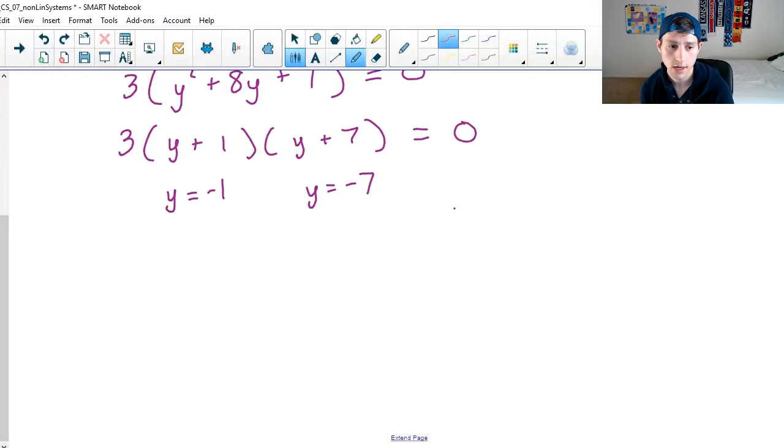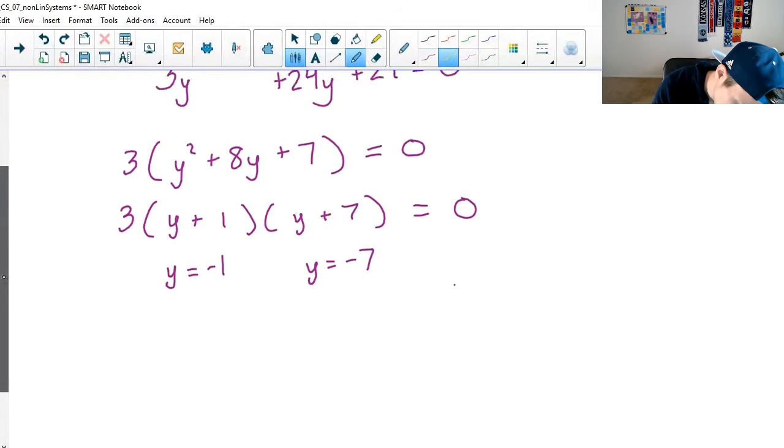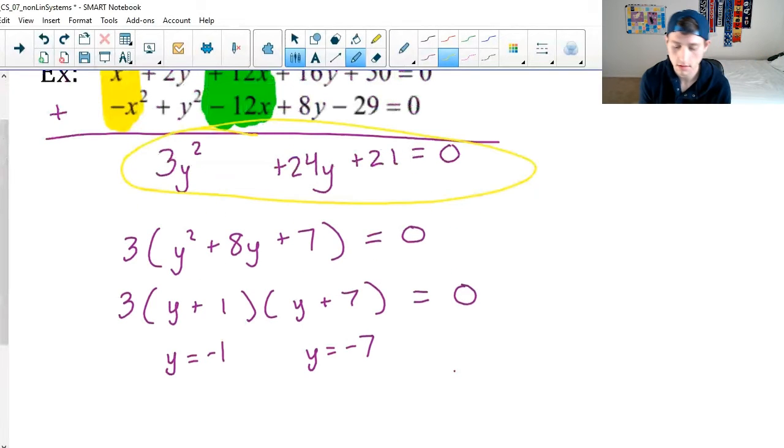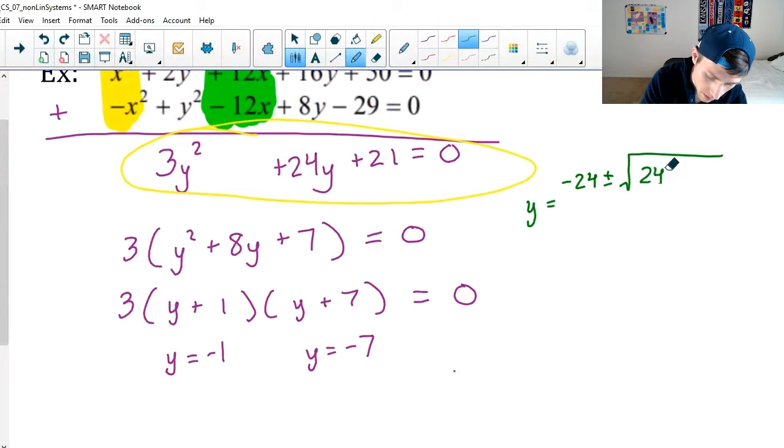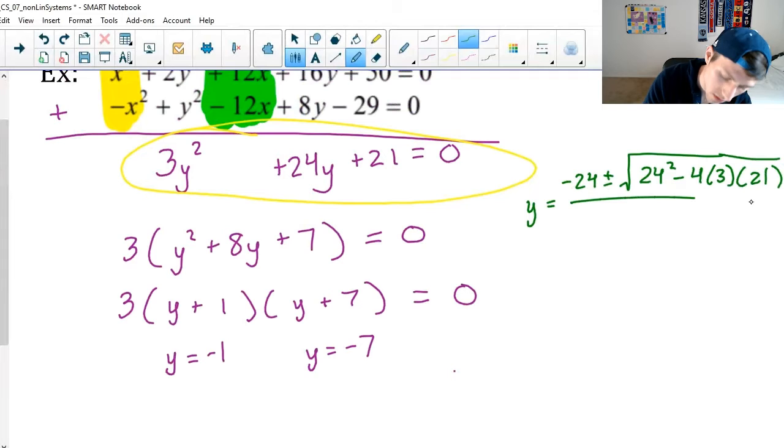How would we use the quadratic formula in this situation? Good question, Jacob. If I just had this, I could roll through the quadratic formula: y equals negative b plus or minus the square root of b squared minus 4 times a times c, all divided by 2 times a.